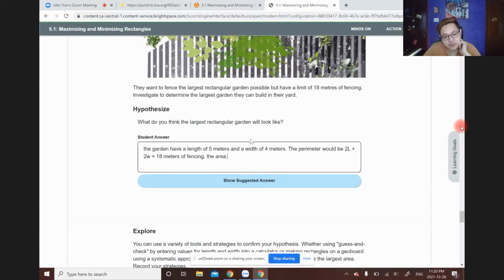You chose 5 and 4, which is perfect because they are whole numbers that are closest to each other, right? Yeah. Very good. Your logic is improving. And then 9 plus 9 is 18, exactly that number. Very good.